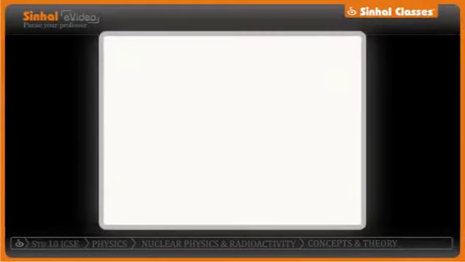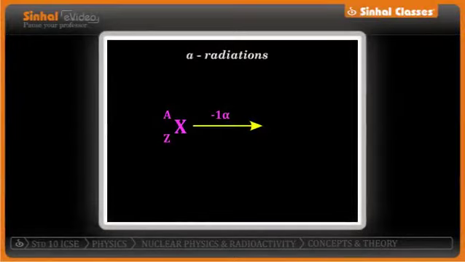Alpha radiations are equivalent to a helium atom that has been liberated. So, when a nuclear substance emits an alpha particle, the atomic number reduces by 2 and the atomic mass number reduces by 4. So an equivalent of a helium atom is being liberated.